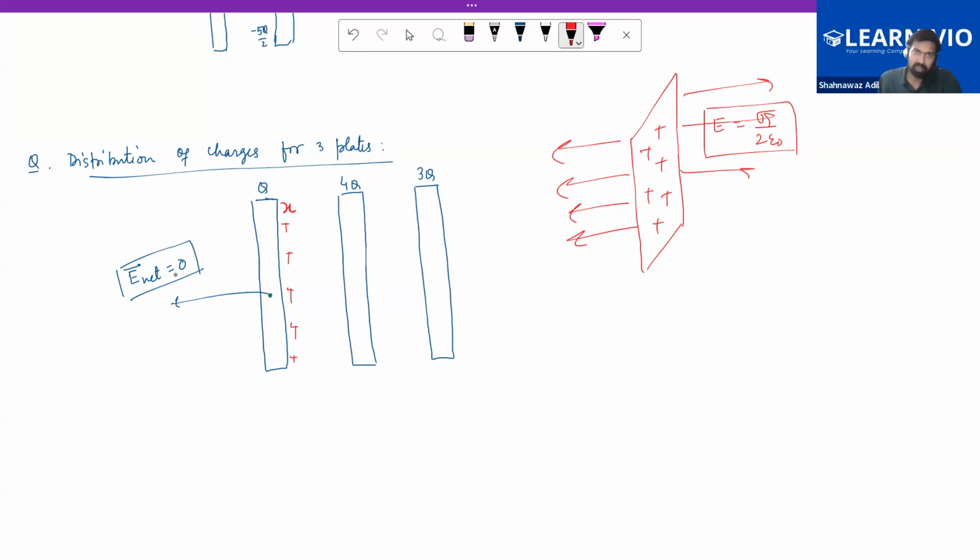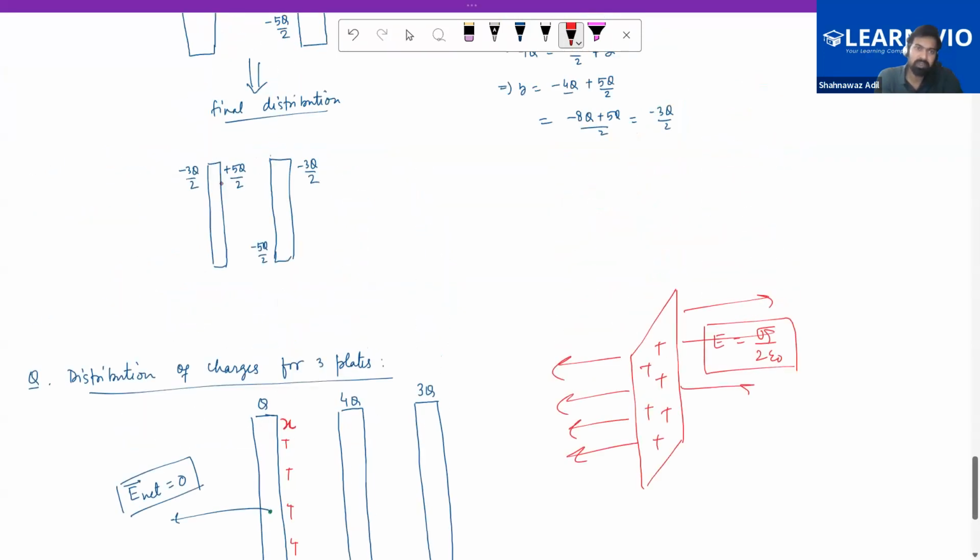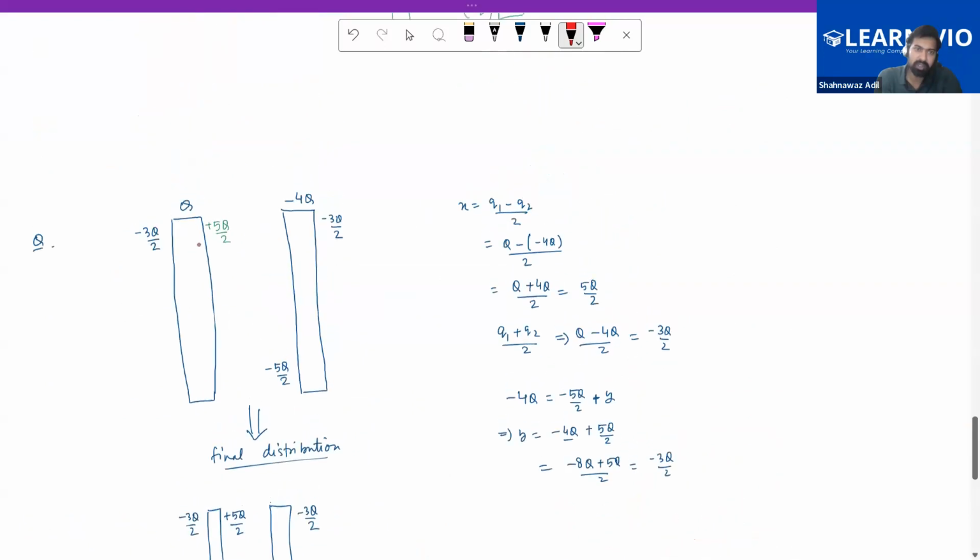Okay, so now let us get back to this problem. If this is X, how much would be the charge in this side? Rishita, we have already done this type of thing before, with these kind of questions.